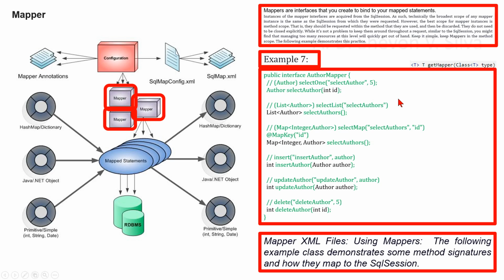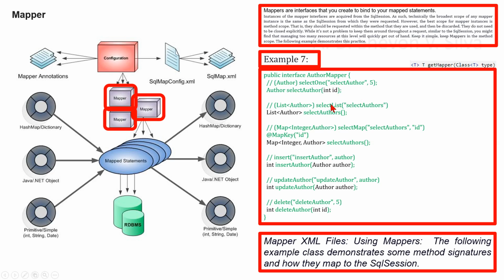In a nutshell, each mapper method signature should match that of the SQL session method that it's associated to, but without the string parameter ID. Instead, the method name must match the mapped statement ID.